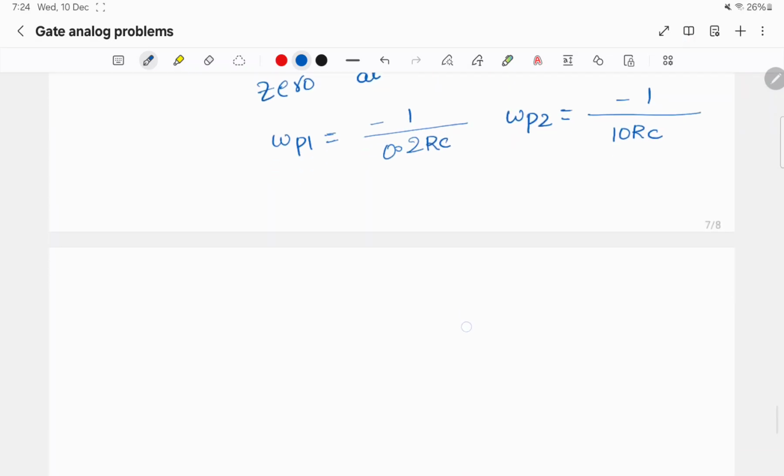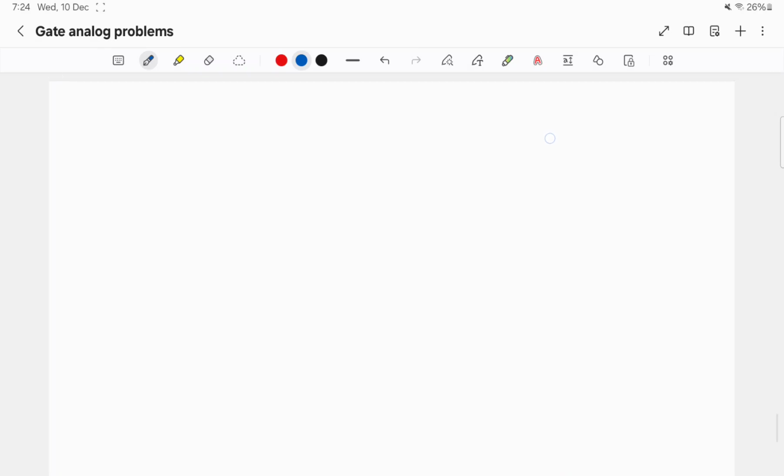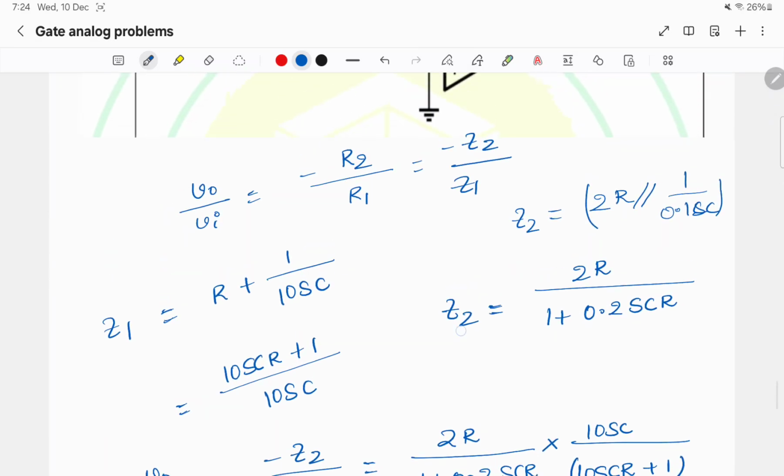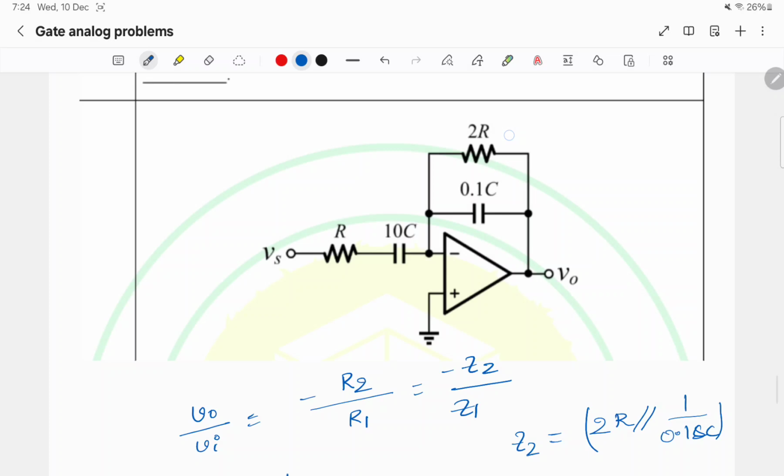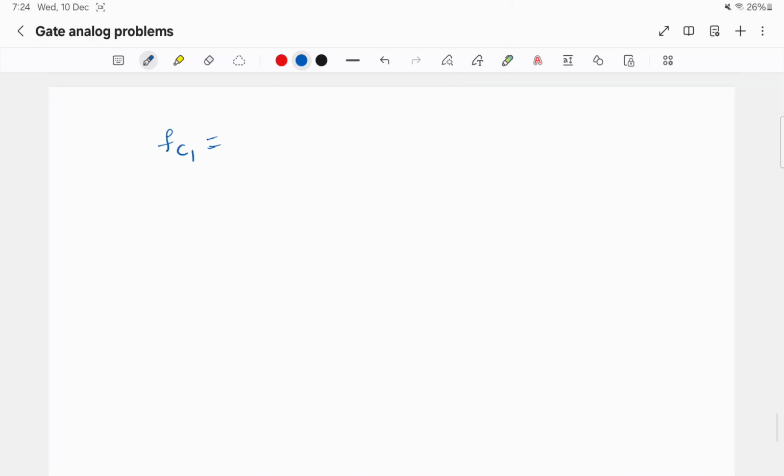It is given that the lower cutoff frequency is 1 megahertz. We have to find the upper cutoff frequency.